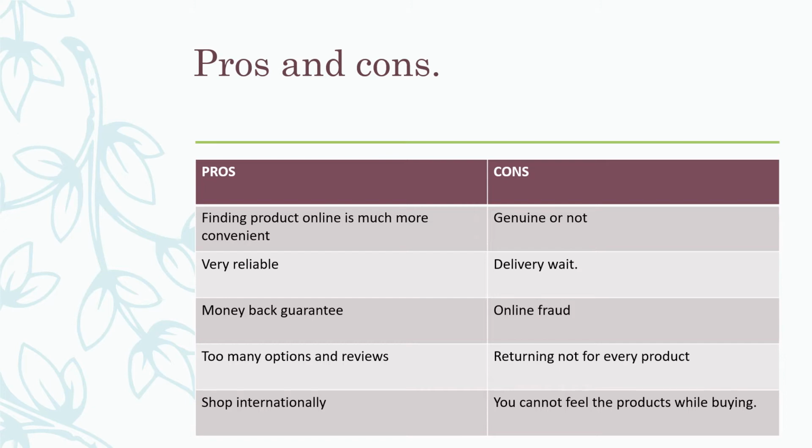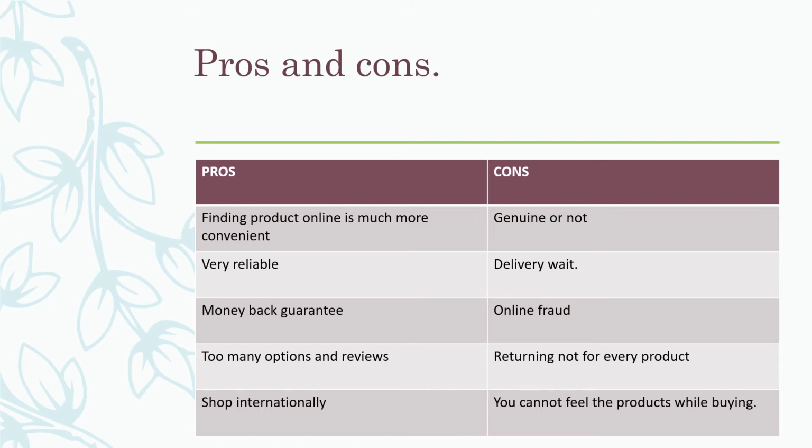Pros and cons of e-shopping. Finding a product online is much more convenient and very reliable. That's why it has gained popularity so fast. It has caught fire. Money back guarantee is also there in some cases.